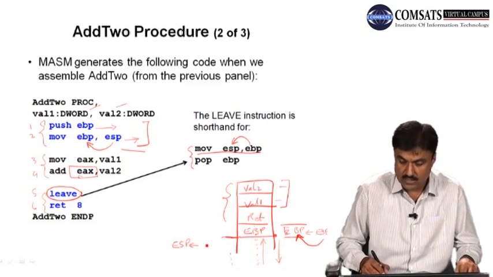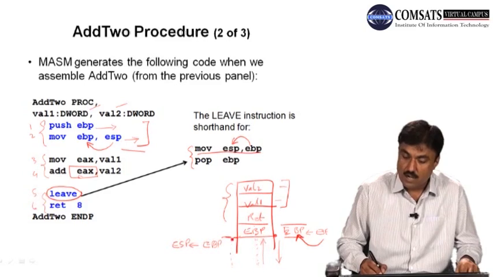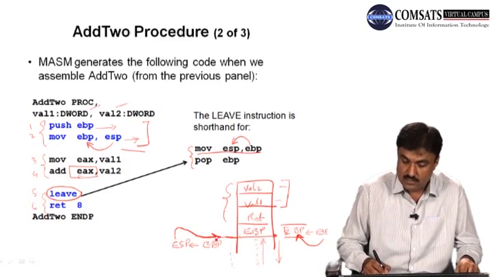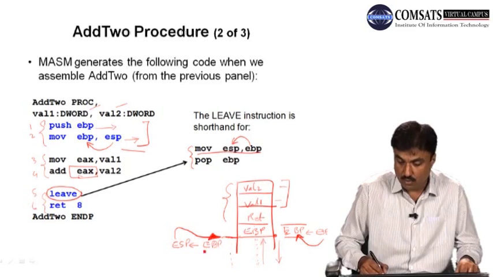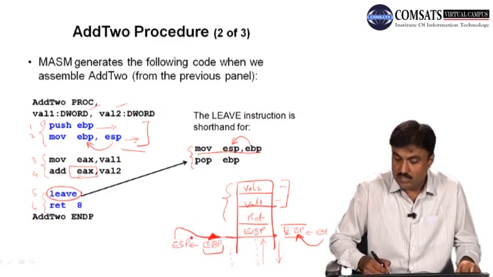First thing is, we move ESP with EBP. Why do we need this instruction? Because now the stack pointer will have the old value from when it was here, which was stored in EBP. So now the stack pointer will have the old value from when it pushed this EBP. Now the stack pointer will point here.